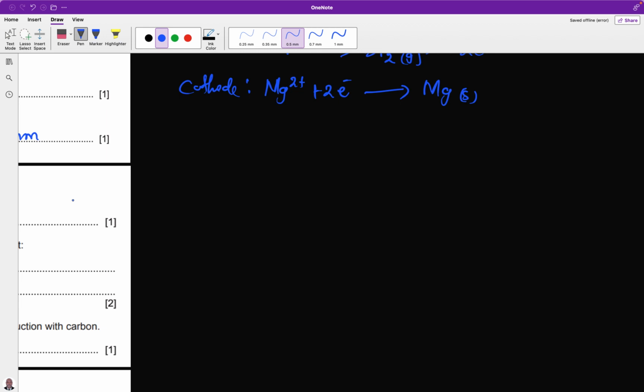Aluminum oxide is not reduced by carbon monoxide or any other reducing agent.